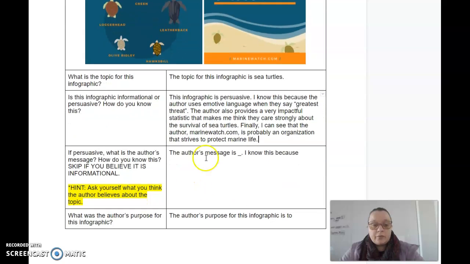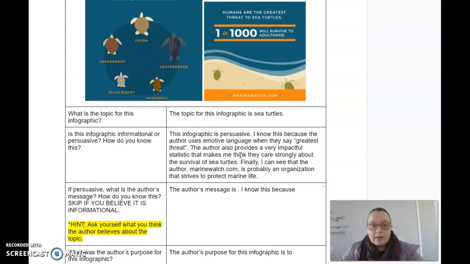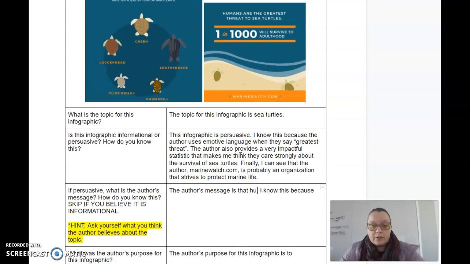All right, next question. If persuasive, what is the author's message? The author's message is that humans are a great threat to sea turtles, to the survival of sea turtles.